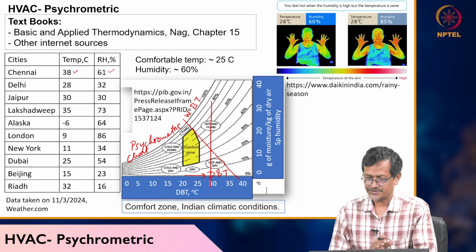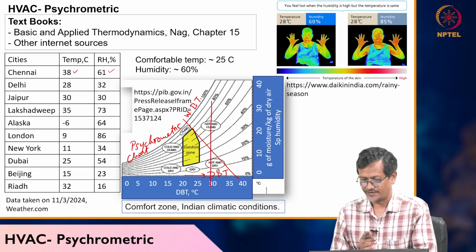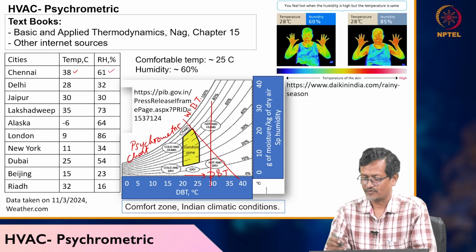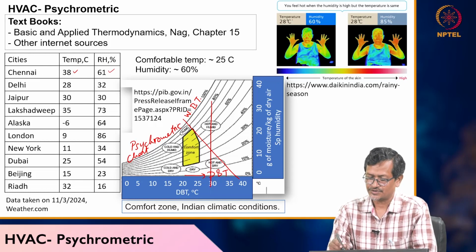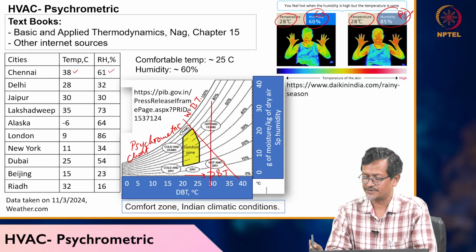And at the same temperature, if you have different humidity, your comfort feeling will be different. For example, in the top left corner we have one picture showing 28 degrees centigrade temperature in both, but one has humidity 60%, another humidity 85%.